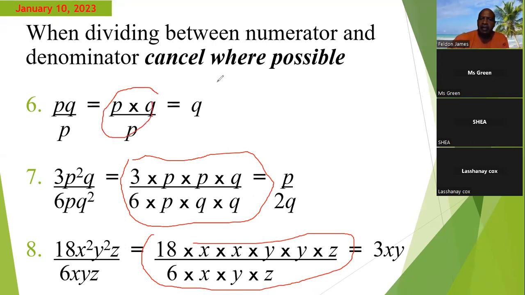Ignore what is happening in the middle. If we are working with this, we see that there's a p here that can cancel with this p, so you only have q remaining. For this one down here, we can cancel 3 with 6. But the denominator has p to the what? Power 1, right? The numerator has p to the power 2.